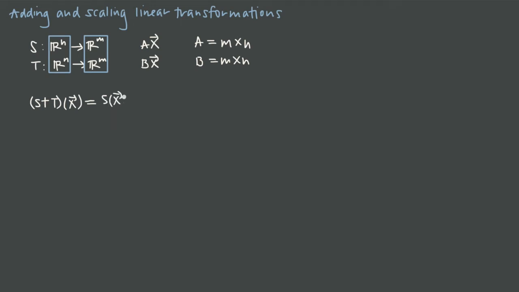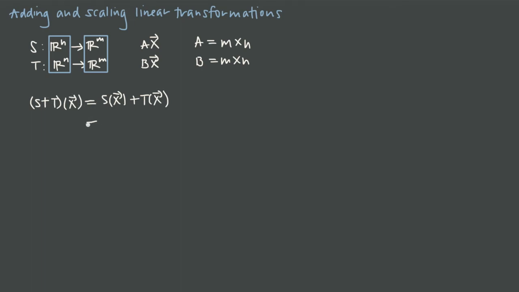So S of X plus T of X. In other words, if I'm trying to transform a vector X, I can transform X using T, and then I can transform X using S, and the results of the two of those I can add together, and that's going to be the same thing as first adding the transformations to get one transformation matrix, and then applying that one transformation matrix to the vector X.